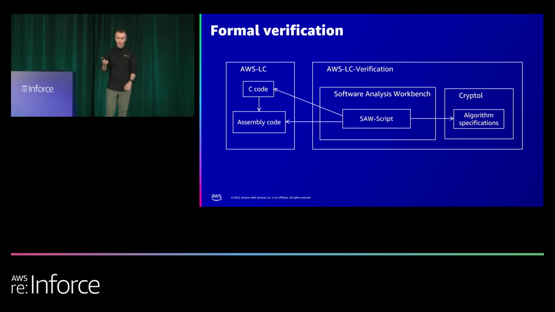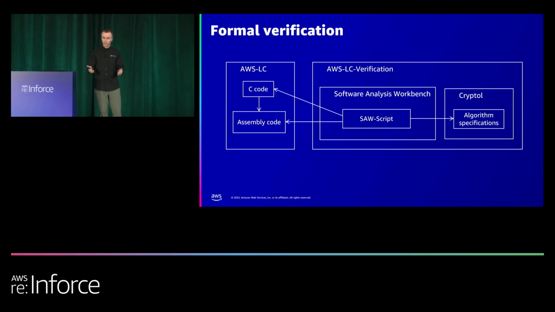We built AWS-LC verification using Cryptol, which is a domain-specific language for specifying cryptographic algorithms. This lets you mathematically specify the algorithm once and then reuse that specification in multiple different areas. We did that using the Software Analysis Workbench.